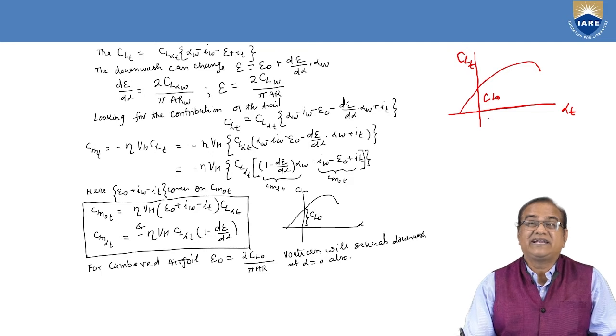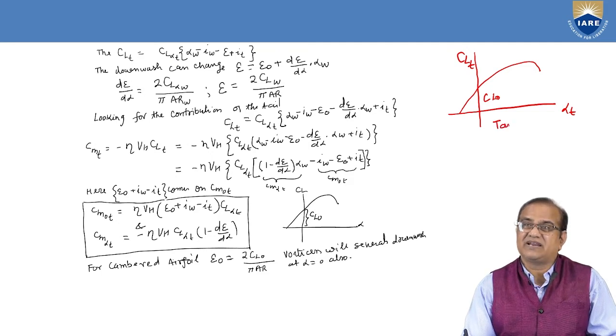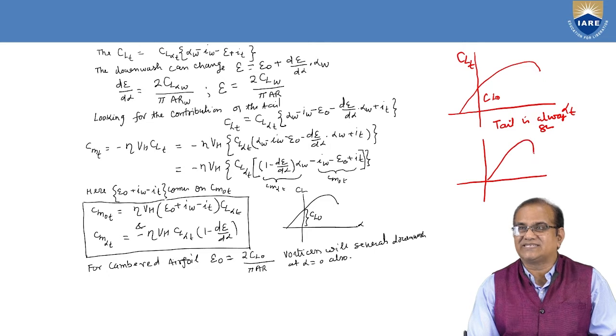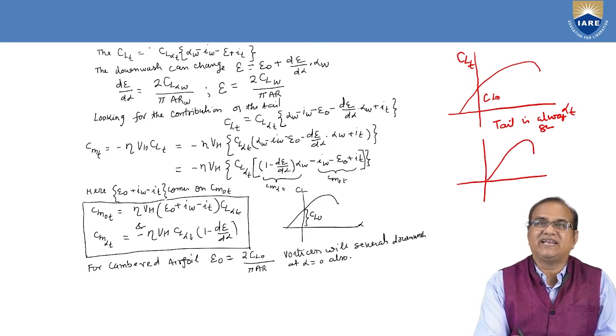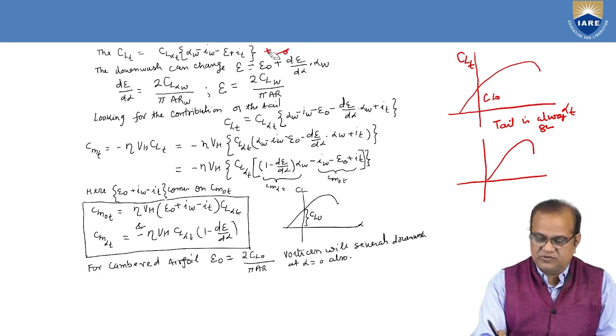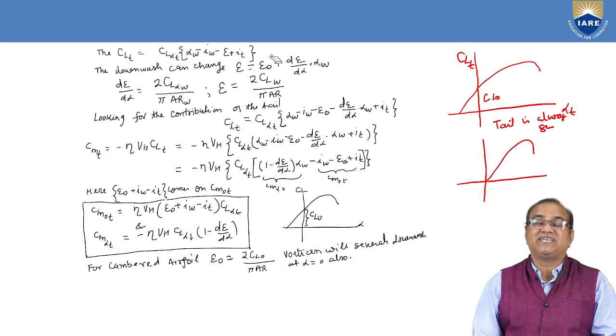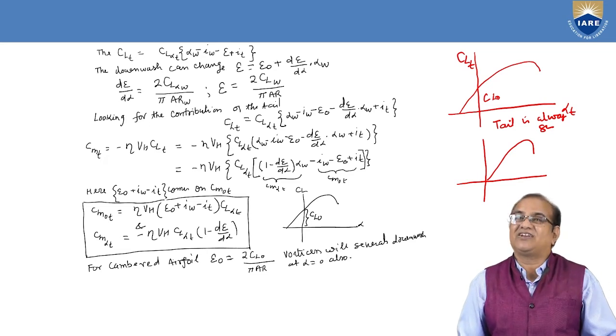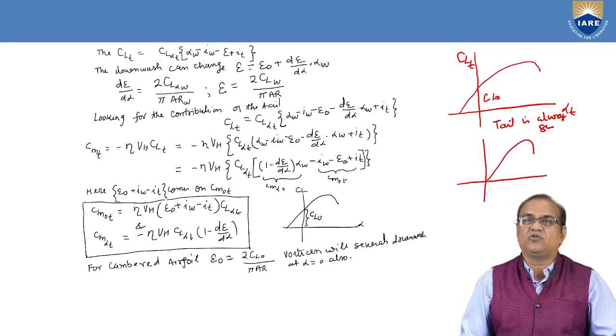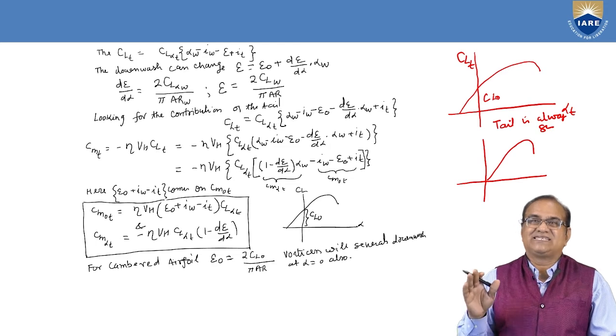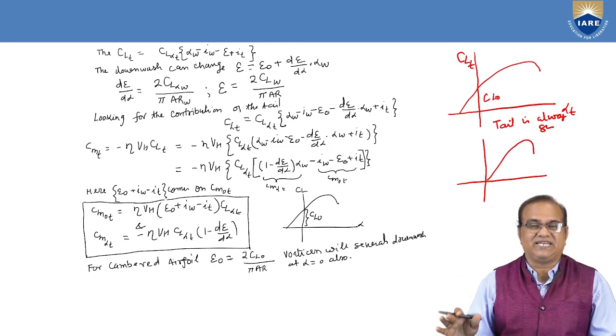But the tail is always symmetrical. So it will not be like this, but it will go like this. So here we have not added CL naught, it is not required. Otherwise, if it is a cambered one, then we have to take CL naught also. So CLT is equal to CL naught plus CL alpha T into alpha T.